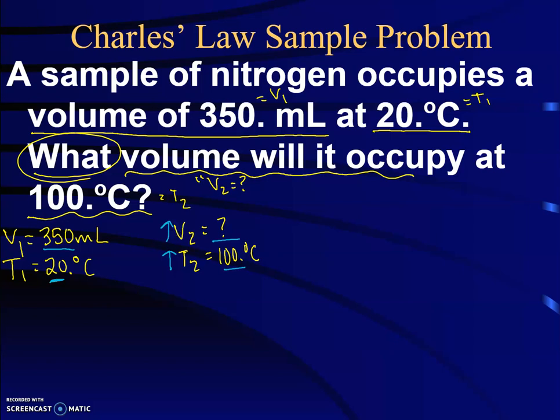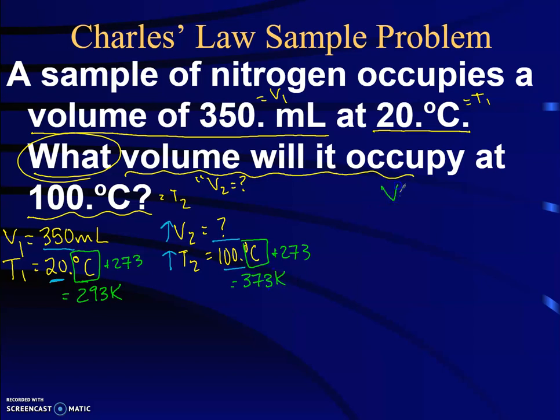All right, before we do anything else though, we have to make sure we are out of Celsius. So add 273 to both numbers. And what do we get? T1 is a temperature of 293 Kelvin, and T2 is a temperature of 373 Kelvin.